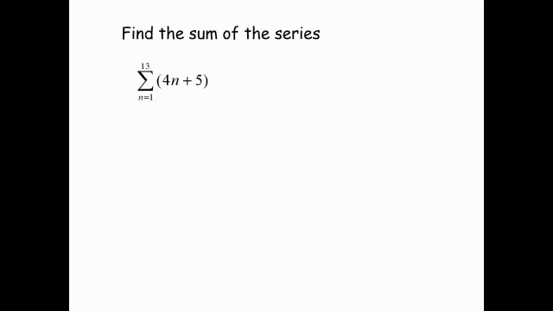How to make the series? Instead of n, you give the values 1, 2, 3 up to 13. So 4 into 1 plus 5 is equal to 9. 4 into 2 plus 5, 13, and 4 into 3 plus 5, 17. It is going like that.